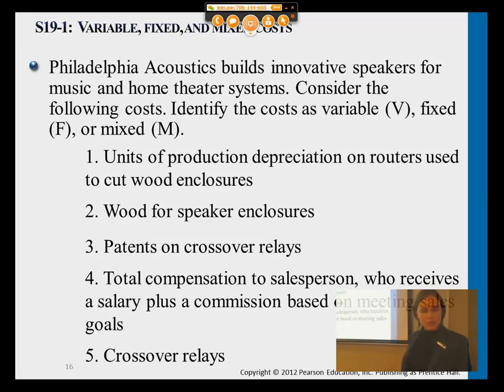So units of production depreciation on routers used to cut wood enclosures. Unit of production depreciation on a tool, let's just say. Why is it fixed?